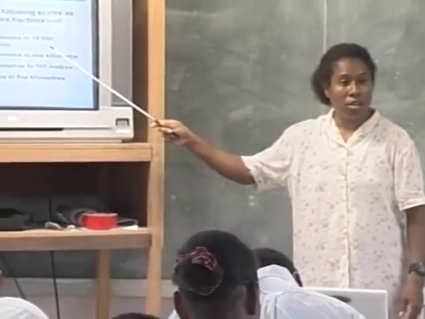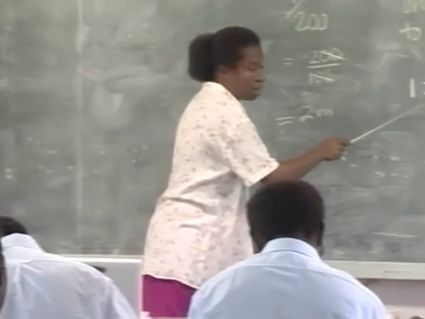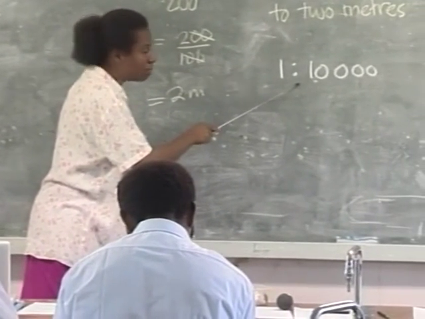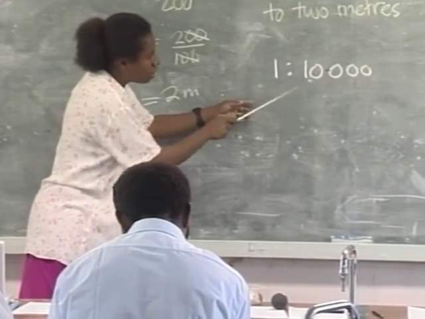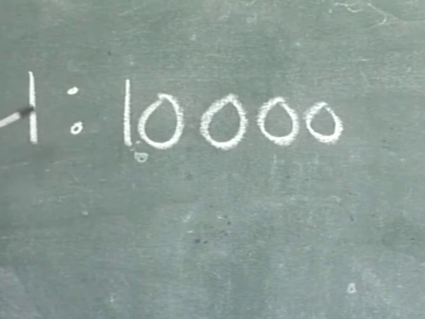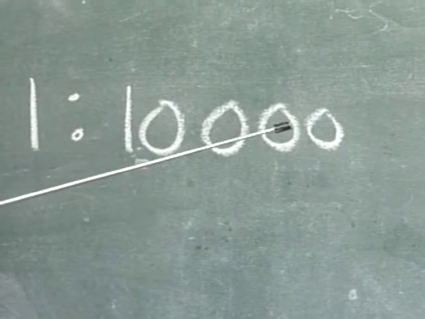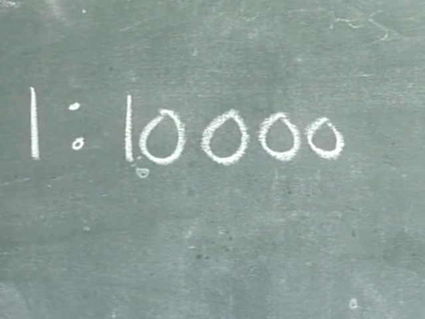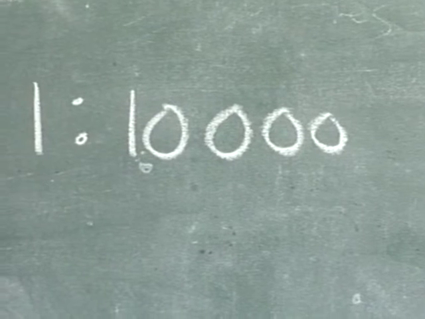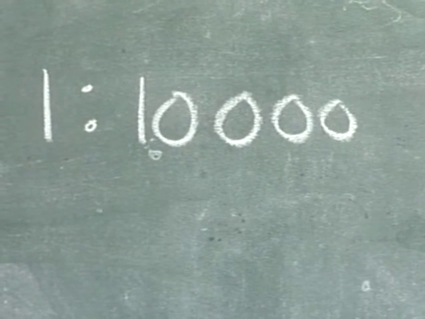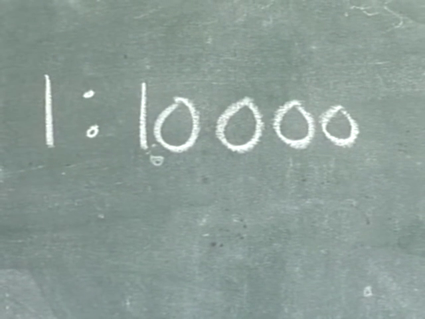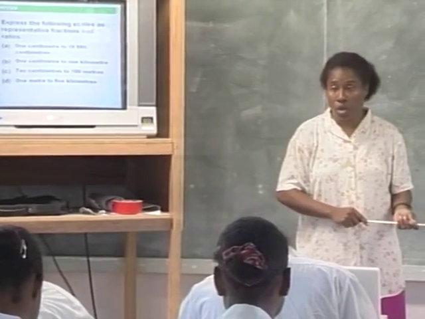That's all. If we interpret this, a ratio of 1 is to 10,000 is the same as 1 centimeter is equivalent to 10,000 centimeters. And this is what is already shown here. So the first one is easy, straightforward. Anyone got any queries or questions with that? No? Okay, we move on.